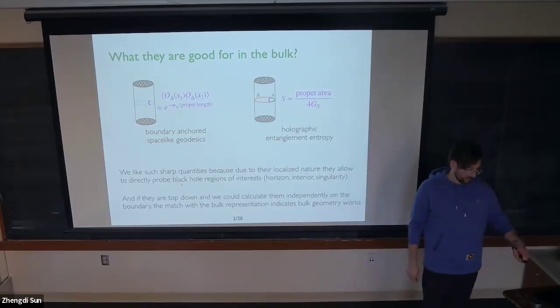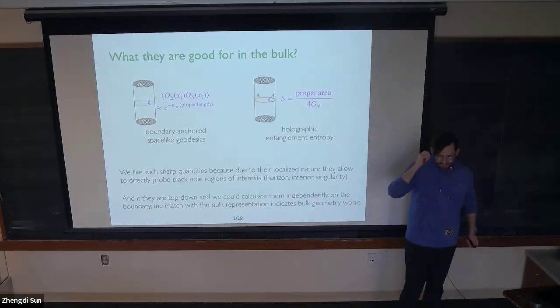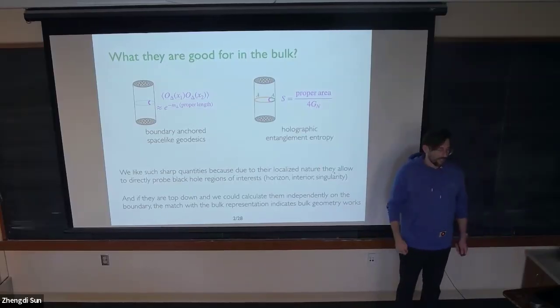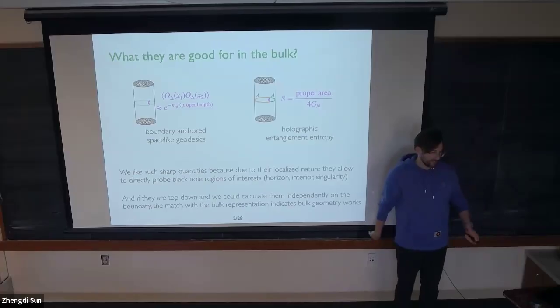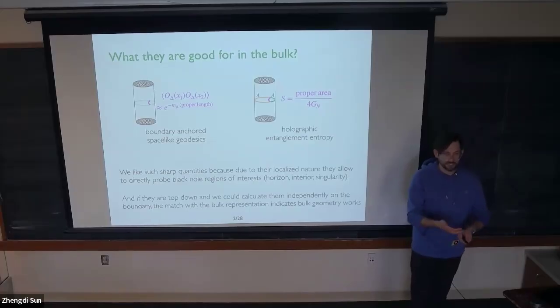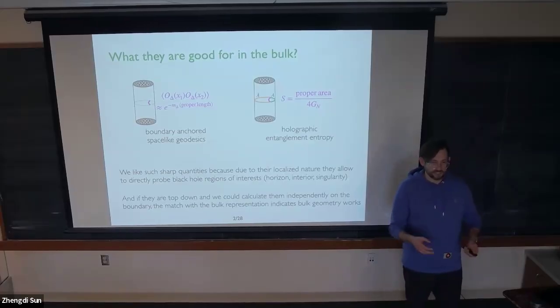For example, the horizon, interior, singularity. And if such quantities are top down, and we could calculate them independently on the boundary, the match between the boundary calculation and their bulk representation indicates that bulk geometry works, right? That on the gravity side of AdS, indeed the geometric picture is correct, not something else, the geometric picture as given by general relativity.